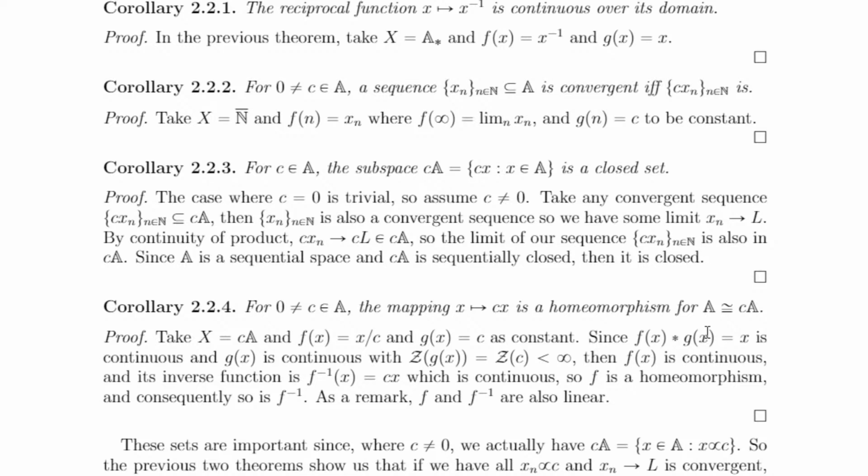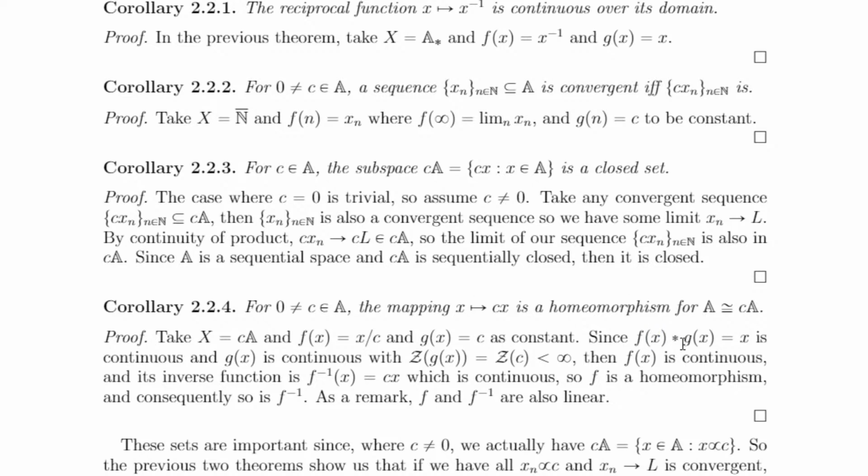The way that we prove that is we'll take the space X as being c times A, and so we're deploying our theorem again. Our function f will be x divided by c. Of course, if our space X is c times A, we can always divide everything in here by c. So our function f of x is just x divided by c, which is always valid. And our function g of x is just the constant c.